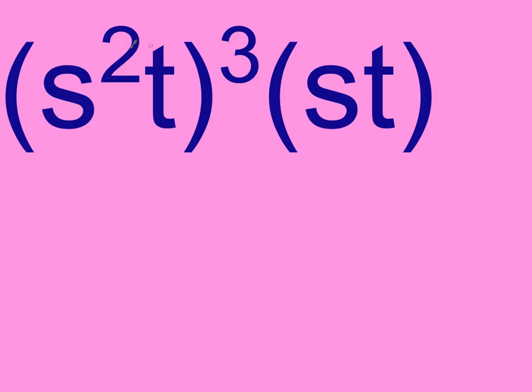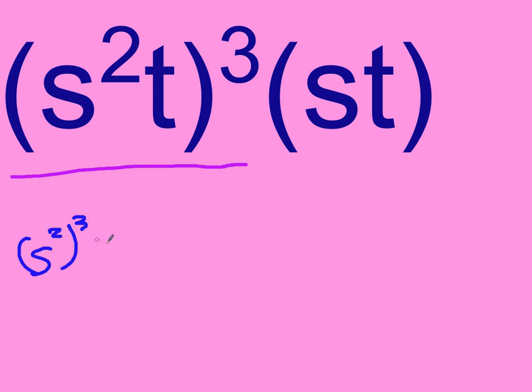Okay, so now we have this side of the expression first. I'm going to switch back to, let's just go with blue. So s squared raised to the third power, you multiply these two exponents because it's an exponent raised to another exponent.